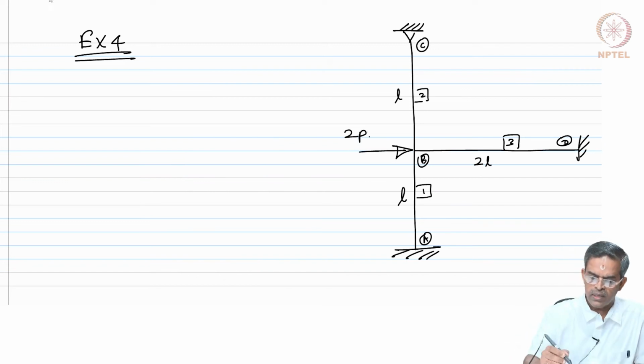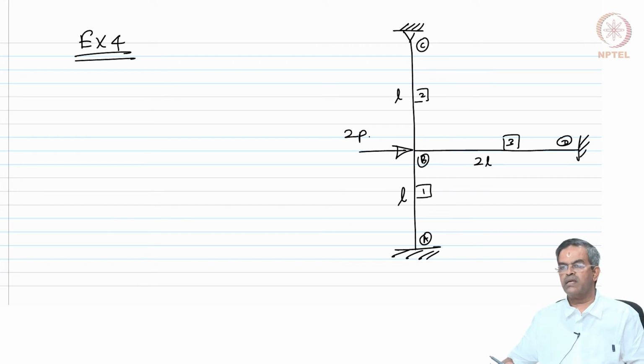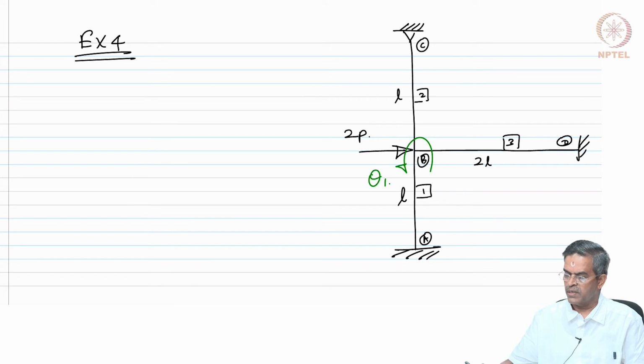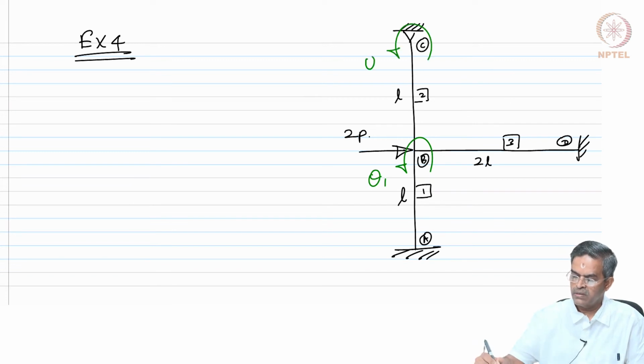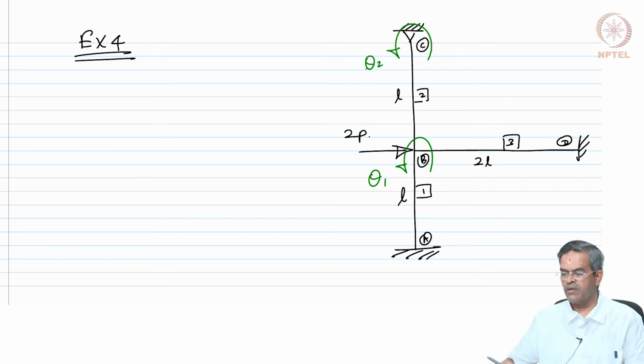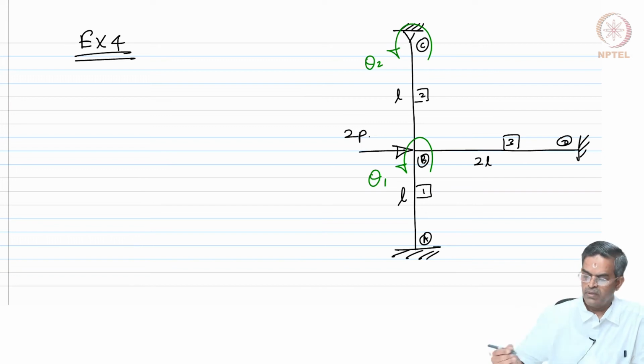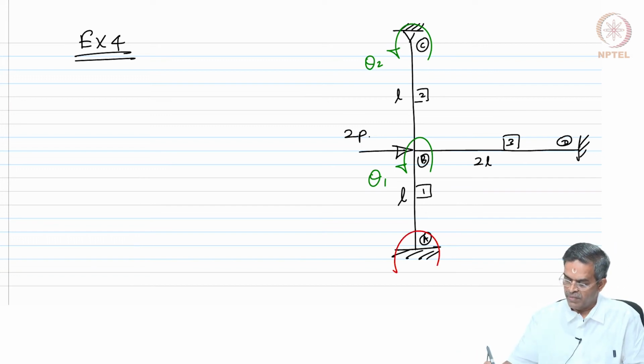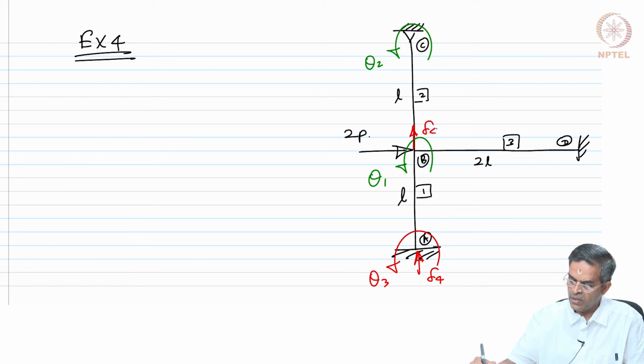Let us now mark the unrestrained degrees of freedom. So, I get rotation here theta 1, I am marking them in green, rotation here theta 2. These are my two unrestrained degrees of freedom. Let us mark the restrained degrees of freedom theta 3, del 4. If I neglect axial deformation, I have del 4 here and del 4 here also.